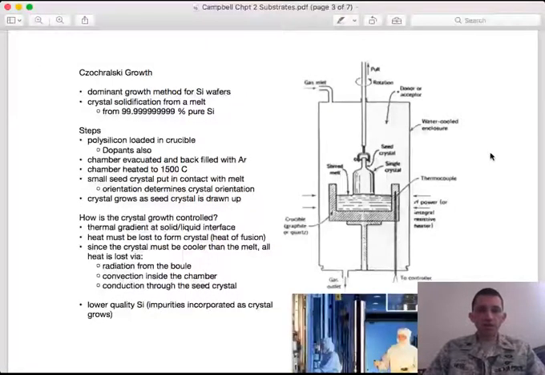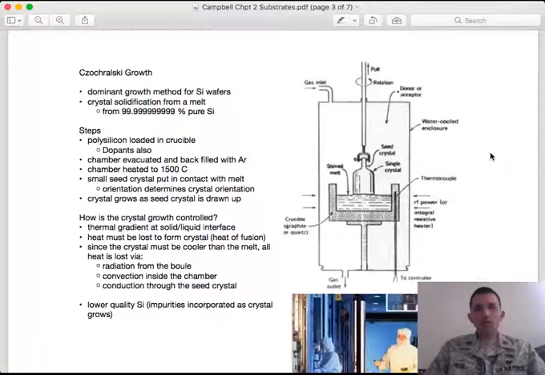In structural materials, a lot of times you want to have a very fine grain structure. You want to have lots of very small grains to impede the motion of dislocations and strengthen the material.